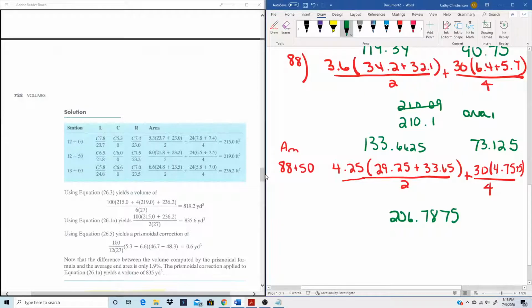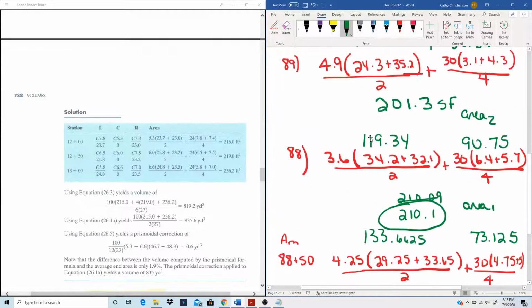Alright, so now I'm going to go ahead and plug and chug those. I'm going to call that 206.8. So that'll be my AM. That'll be my A1. And that'll be my A2. So these are going to be my 3 numbers.